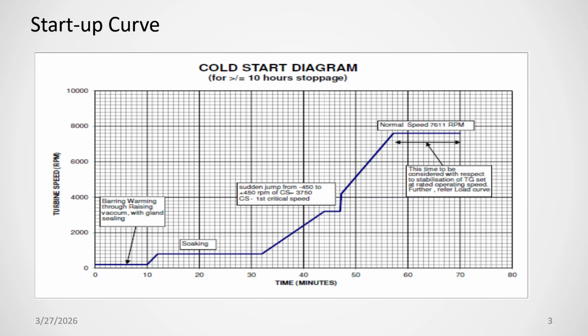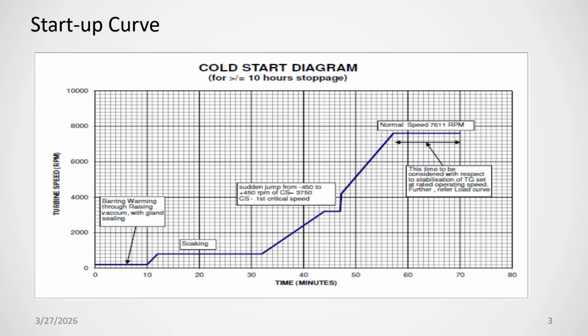By seeing this, we can judge that the turbine is uniformly heated. We have to heat the turbine first. Startup heating lines are there, so we have to bleed the turbine inlet line and extraction line heatings, and then slowly start the turbine.